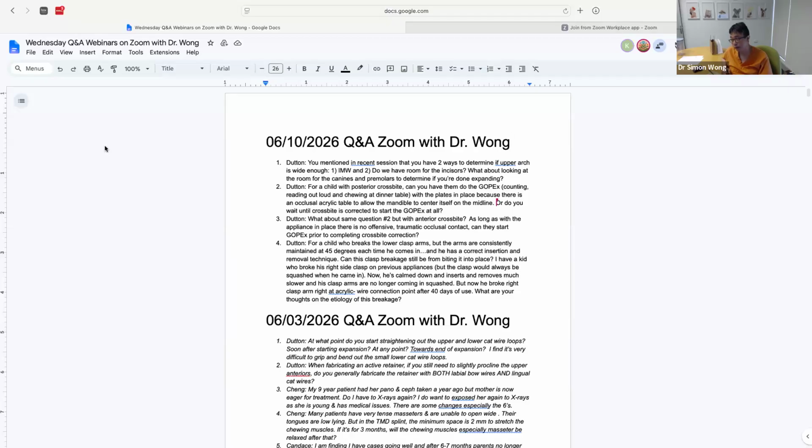How do we know if we've got enough? Well, if the front adult teeth don't fit, and you've still got a curve of Wilson to flatten out in the lower arch, then you're probably going to need more than 37.5 mils. If you have very small teeth, sometimes 35, 36 is enough.